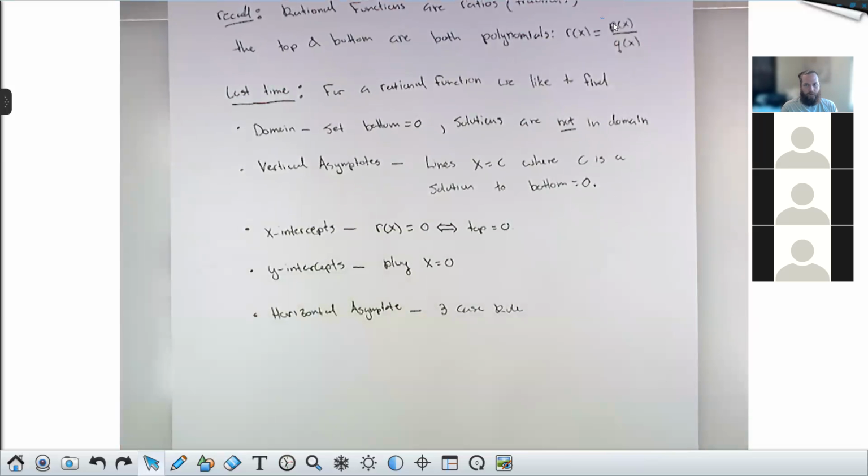Remember, a rational function is a ratio of polynomials, and every polynomial has a number associated with it called the degree. The rule for finding horizontal asymptotes is based around the degree of the top compared to the degree of the bottom.